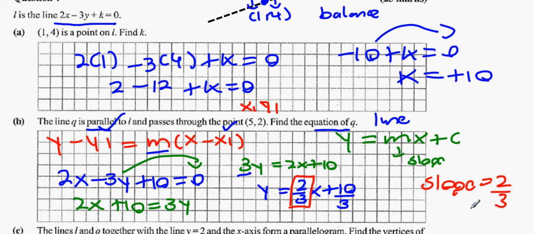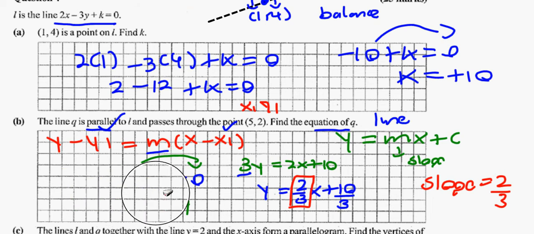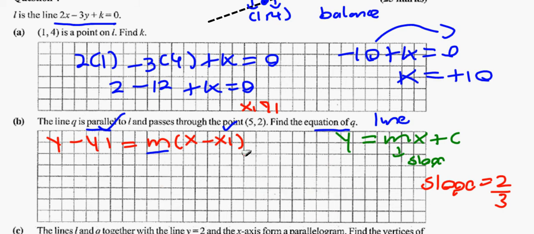Now that brings us back to our original formula, which is up here. We know the slope is 2 over 3 and we know the point is (5, 2). So we can put in y minus y1, which is y minus 2 equals 2 over 3 into x minus 5.